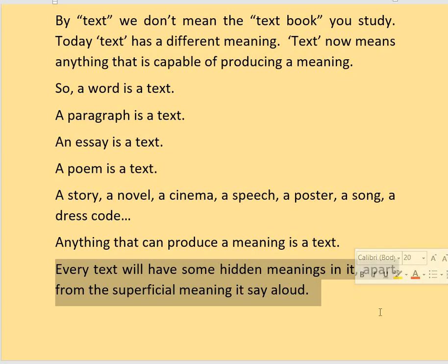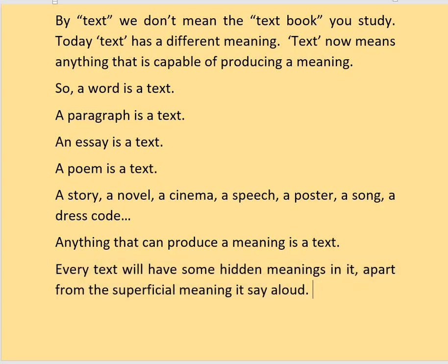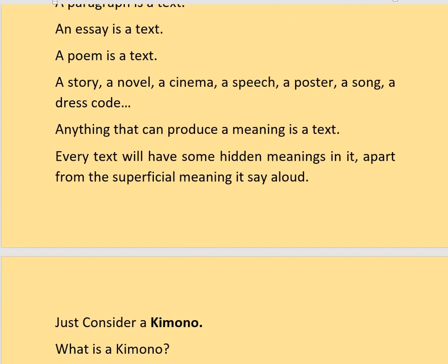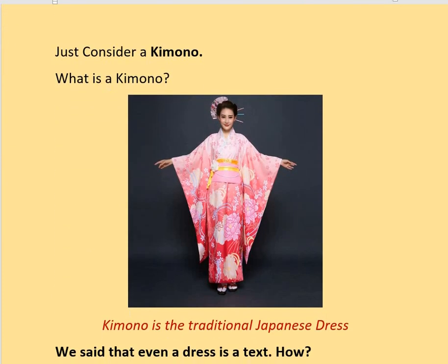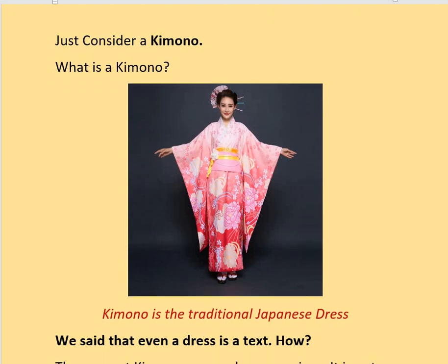Let us examine how a dress code can be a text. Consider a kimono. What is a kimono? Kimono is a traditional Japanese dress. We said that even a dress is a text.